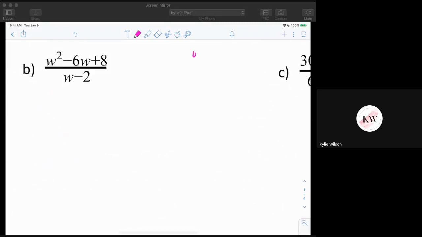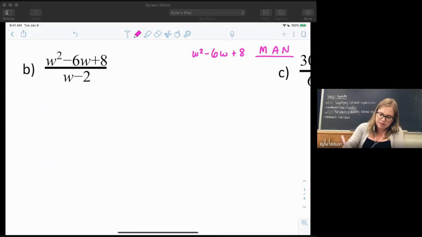So I need to factor w squared minus 6w plus 8. My a value is 1, so it's a simple trinomial. So I'll make my little chart. Two numbers that multiply to 8 and add to negative 6. I would find that they are negative 4 and negative 2.